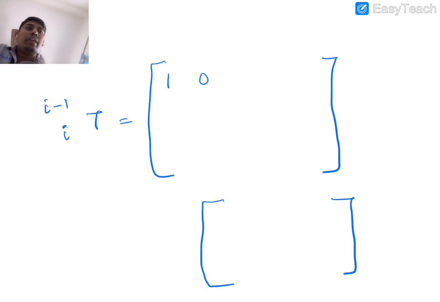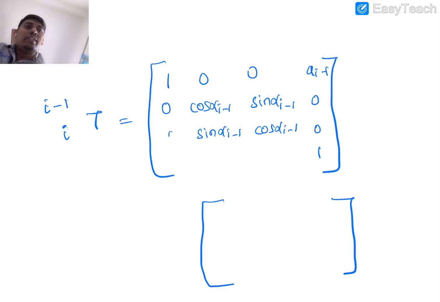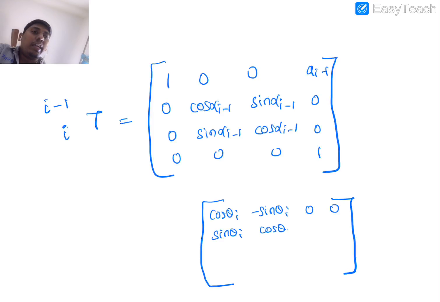So then this would look like this: cos alpha_{i-1}, minus sine alpha_{i-1}, 0, a_{i-1}, 0, sine alpha_{i-1}, cos alpha_{i-1}, 0, 0, 0, 0, 1. Here, this is cos theta_i, minus sine theta_i, 0, 0, sine theta_i, cos theta_i, 0, 0, 0, 0, 1, d_i, and 0, 0, 0, 1. So these are the things that will come.